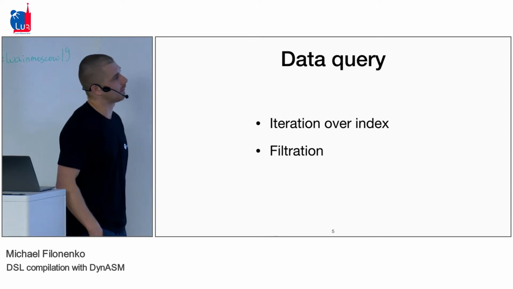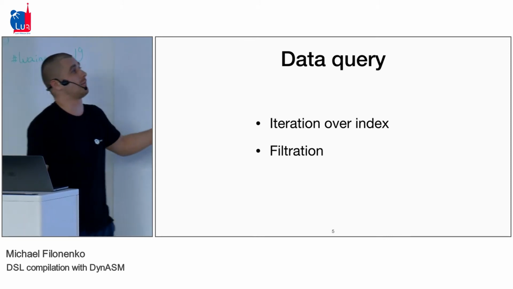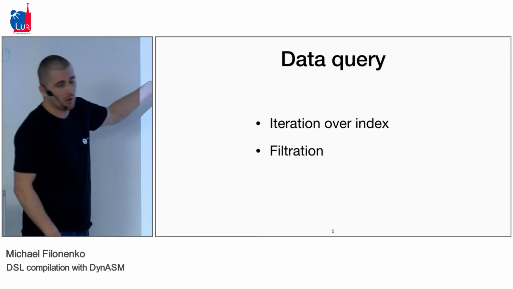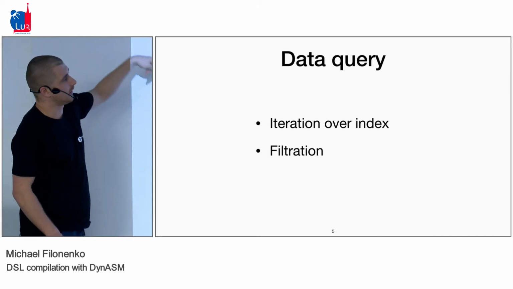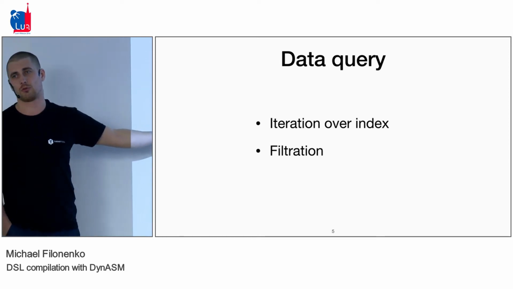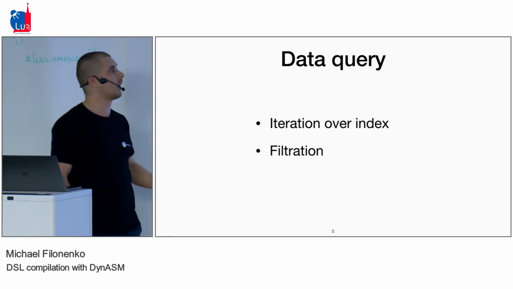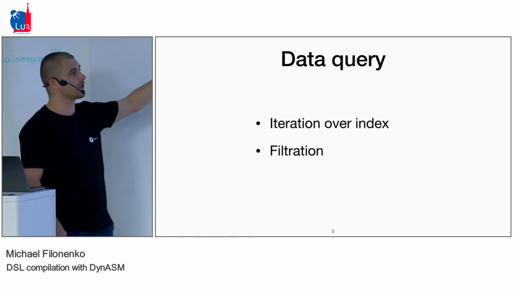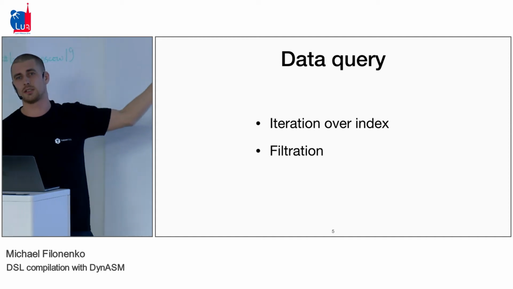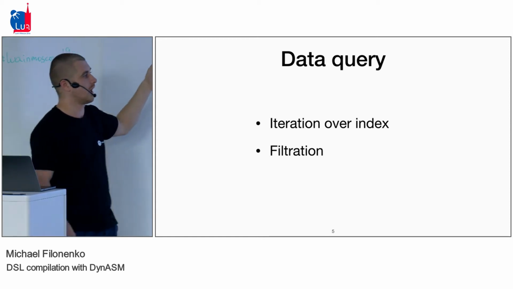The data query. Usually all databases include two parts: iteration over an index and an additional filtration process. I will show you. Iteration over an index is also built-in functionality in the Tarantul database.